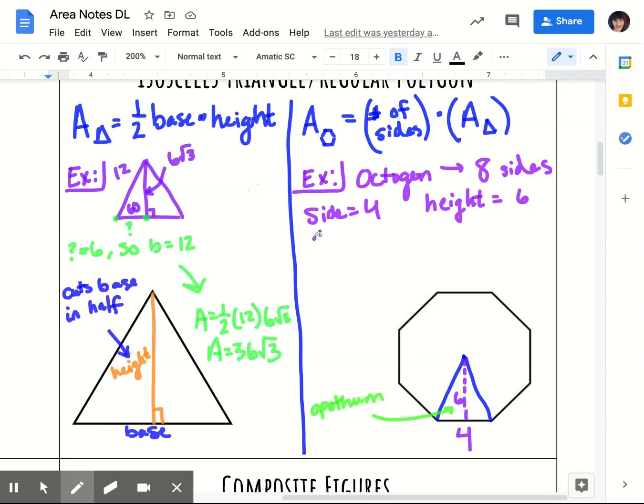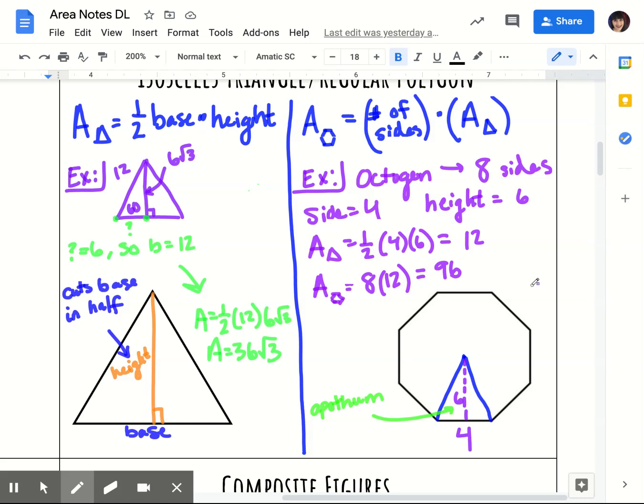So the area of one of those isosceles triangles is 1/2 of the base, which is 4, times the height, which is 6. 4 times 6 is 24. Cut that in half and you get 12. That means the area of my regular polygon is the number of sides, which is 8, times the area of one of those triangles, which is 12. When you multiply all of that together, you get 96.